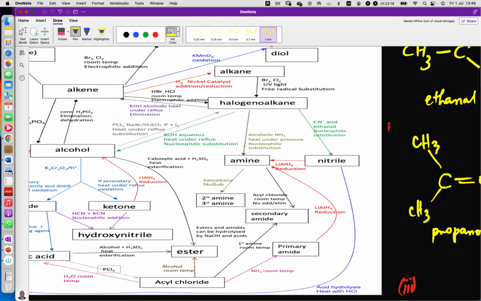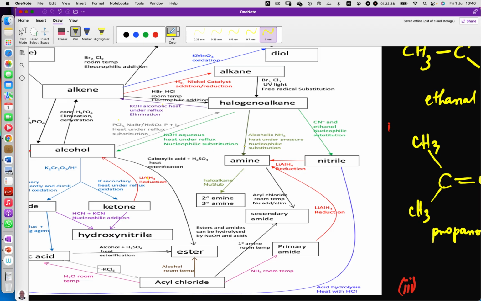Alkane will undergo two types of reaction. The first type is halogenation, by normal substitution.